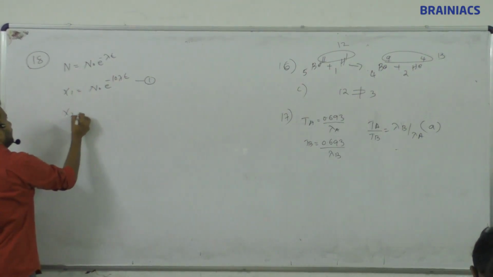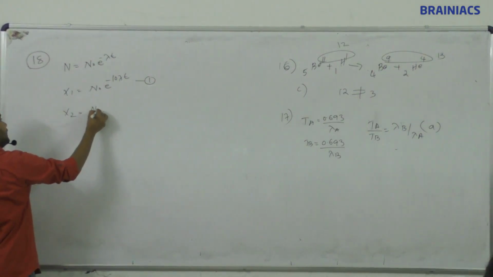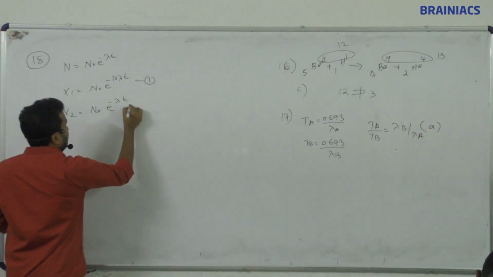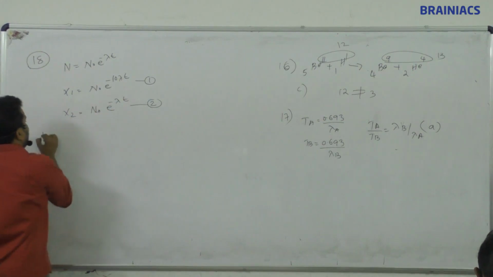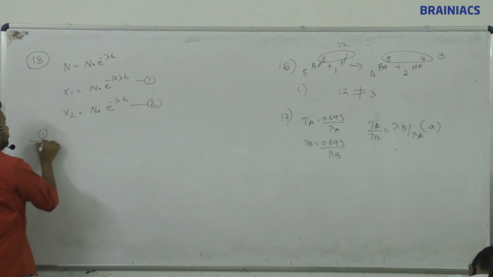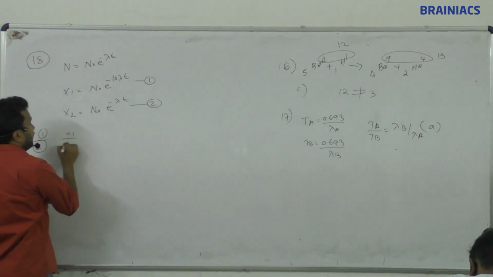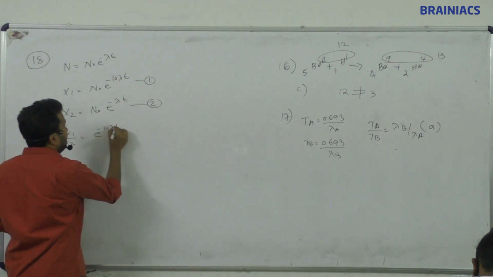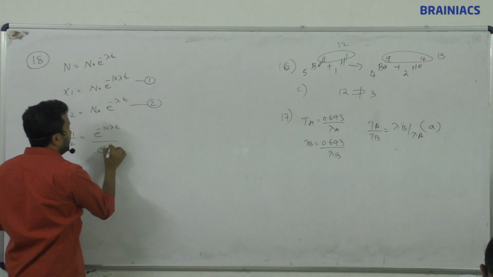For the second one, initially the same number, so it is N0 e power minus 9 lambda t, equation number 2. So X1 divided by X2 is equal to e power minus 10 lambda t divided by e power minus 9 lambda t.